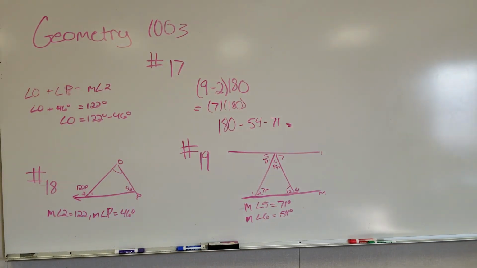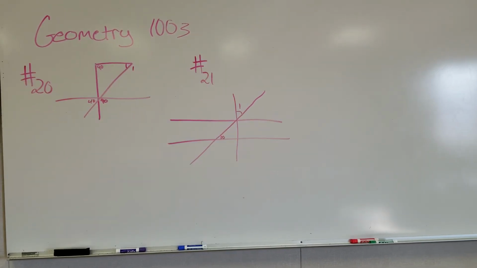So because a triangle adds to 180, you subtract the two angles you do know, and you'll find the measure of your last angle.